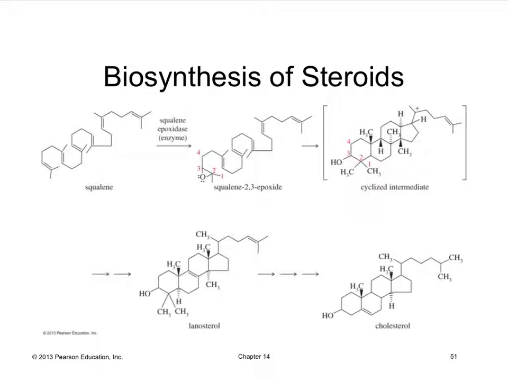Here's an example of the biosynthesis of steroids. Here's squalene, and this happens in cells.